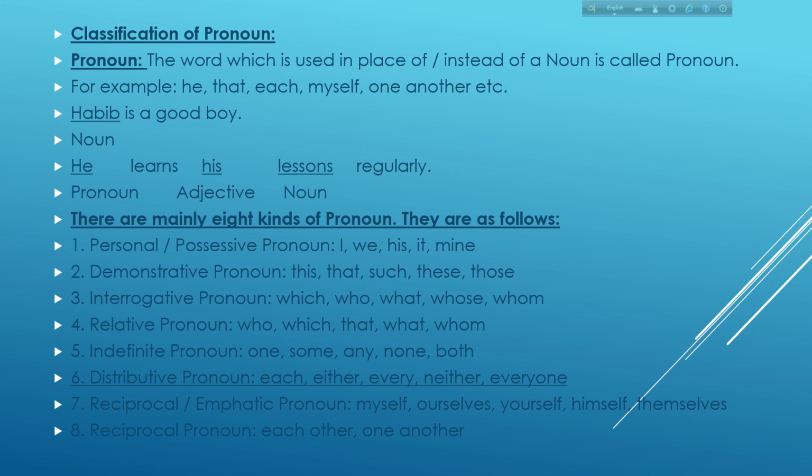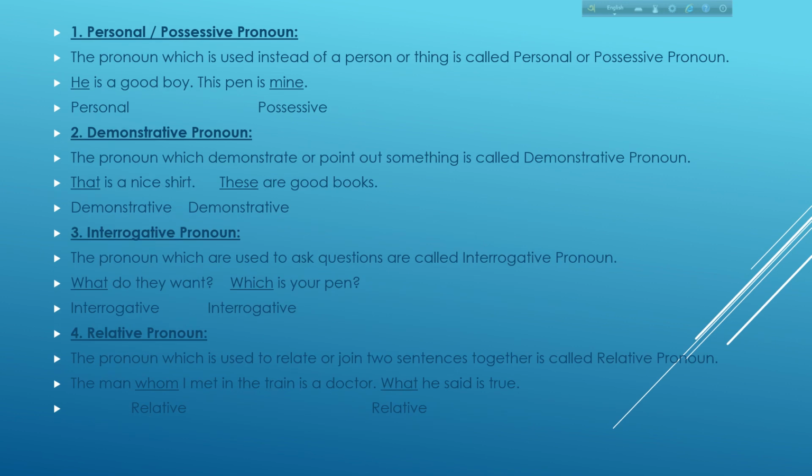Indefinite pronoun: one, some, any, none, both. Distributive pronoun: each, either, every, neither, everyone. These are some of the examples. Reflexive or emphatic pronoun: myself, ourselves, yourselves, himself, themselves. And last, reciprocal pronoun, this is only two: each other and one another.